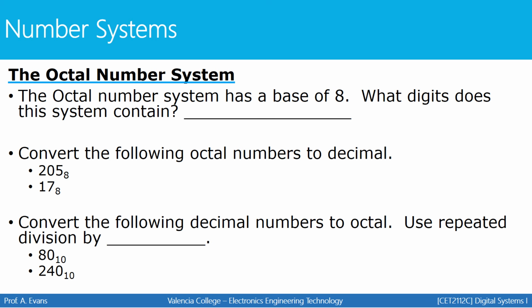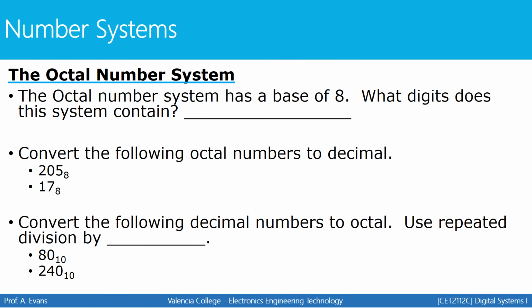And think about how we applied the base of each number system to all of the examples before. If I now give you the octal number system, where we have a base of 8 instead of a base of 2 or a base of 10 or a base of 16, think about what might change in how we convert from octal to decimal, or decimal to octal.